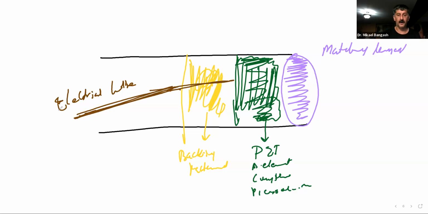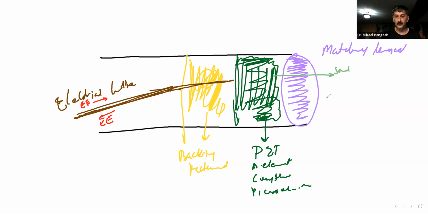But we will call it electrical wire because we know it's just going to be electrical energy going this way during transmission, and electrical energy coming back this way during reception, which in the PZT was converted into sound.